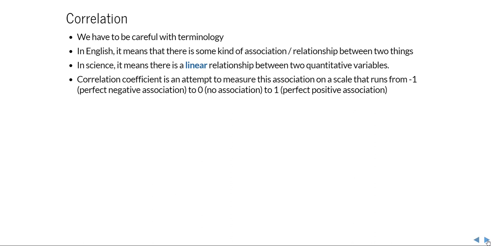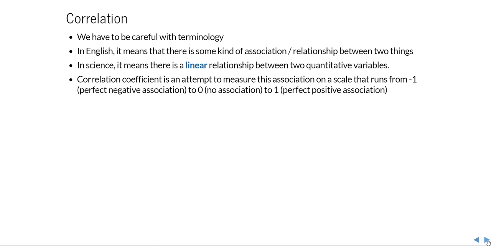When we use the word correlation, as a scientist, you've got to be really careful with terminology. The minute you've got your scientist hat on or your lab coat on, you've got to forget what you think correlation means. In science, it's telling us something about the strength of a linear relationship between two quantitative variables.